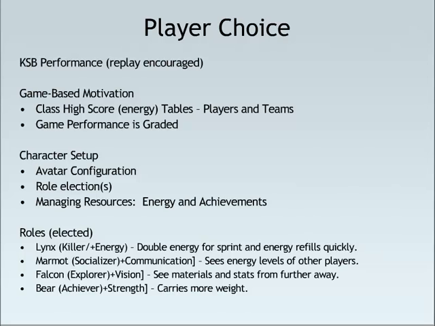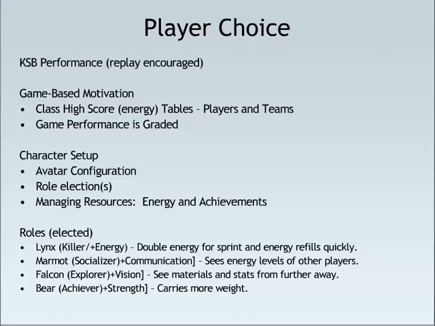The Lynx could be a killer player type, and the Lynx has double energy. So the Lynx can sprint and gets more energy awarded, and its energy refills more quickly. The Marmot is a socializer, communicator, so the Marmot can see the energy levels of all the other players.